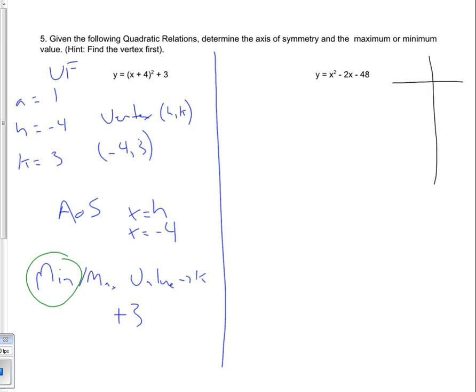So we're looking for two numbers that multiply to -48 and that add together to give me -2.